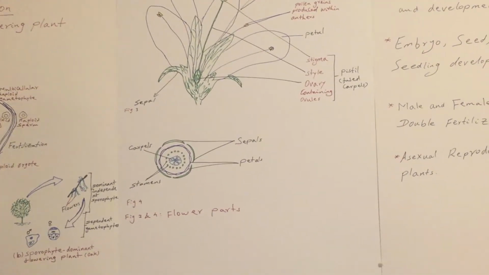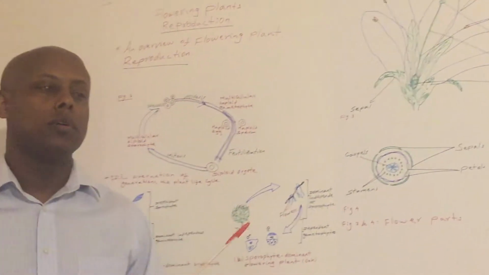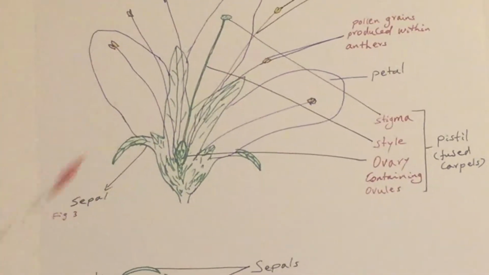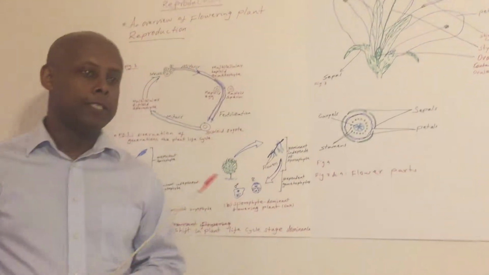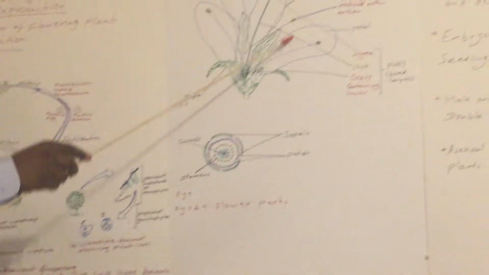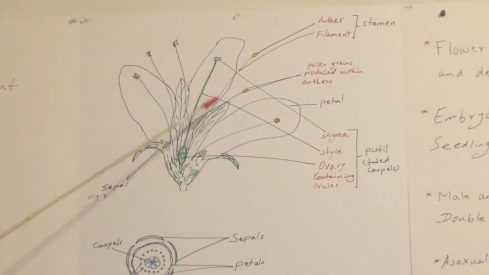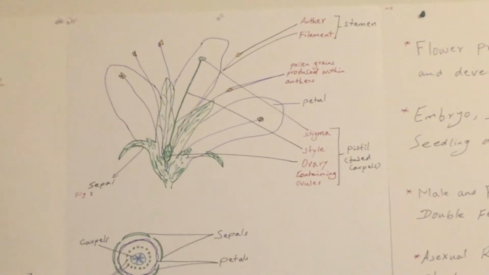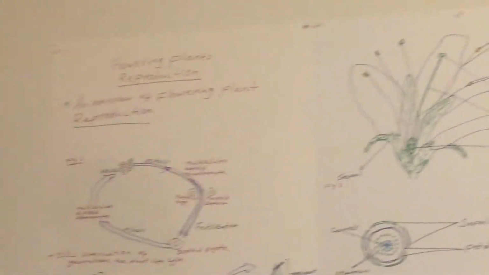Having said that, the mature male gametophyte, or the pollen tube, which is down here, delivers two sperm to the ovules, passing over the stigma and through the style to the ovules.